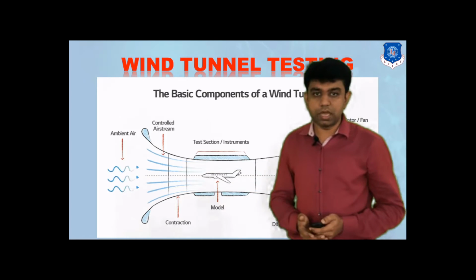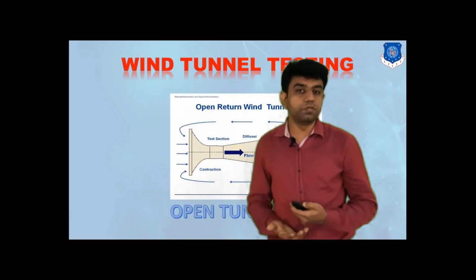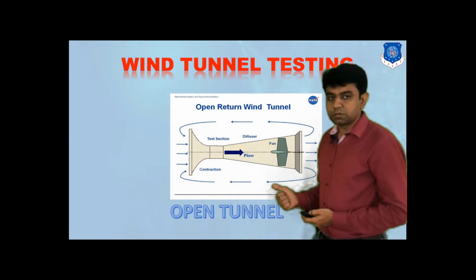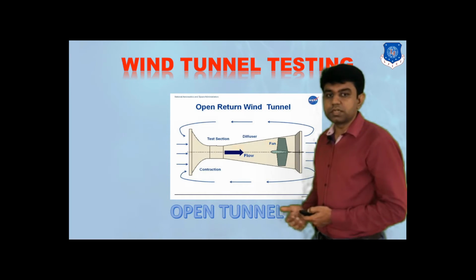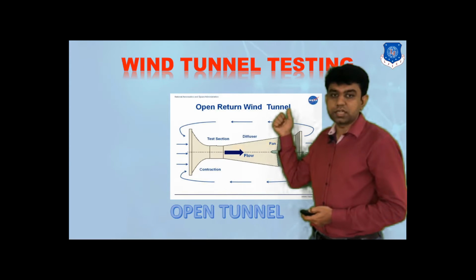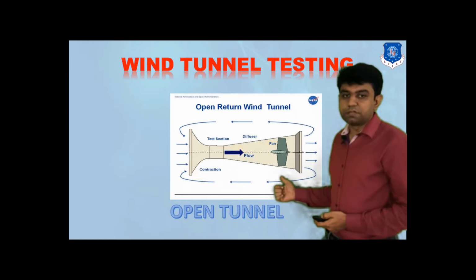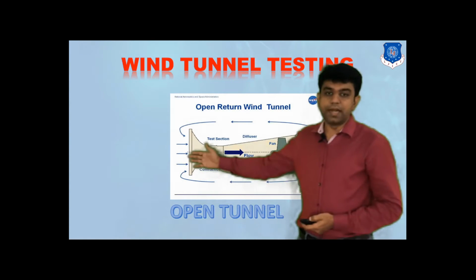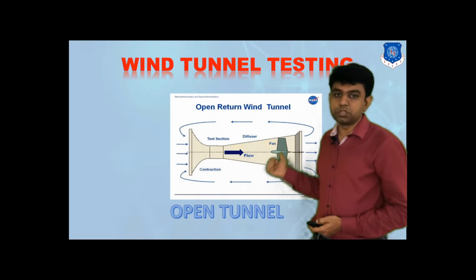So let us have a quick outlook of the two wind tunnel forms. The basic wind tunnel which I had just taken comes under the open tunnel condition. We had taken a reference of one NASA tunnel, in which we have this kind of possibility. The fan would be over here, the test section would be here, the entry region has been shown here, and the diffuser part is shown over here.